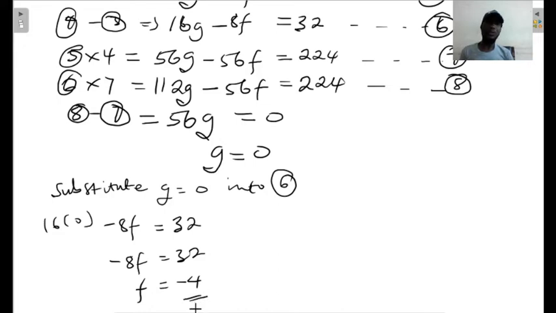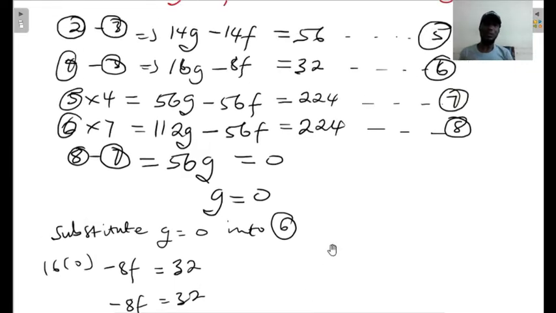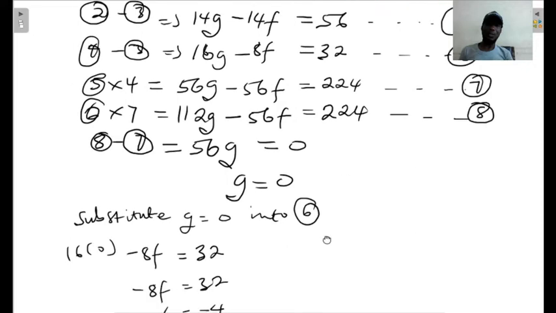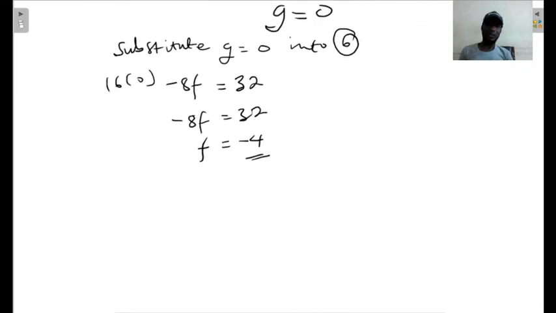So now that we know the value of F and G, we are going to substitute them into either equation 2, 3, or 4. So I will substitute into equation 2 because that looks a bit smaller. So let me go and write that one first.